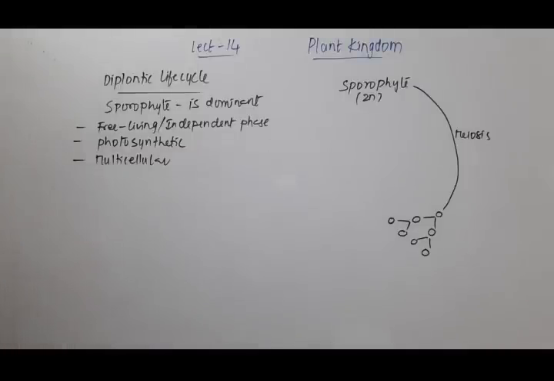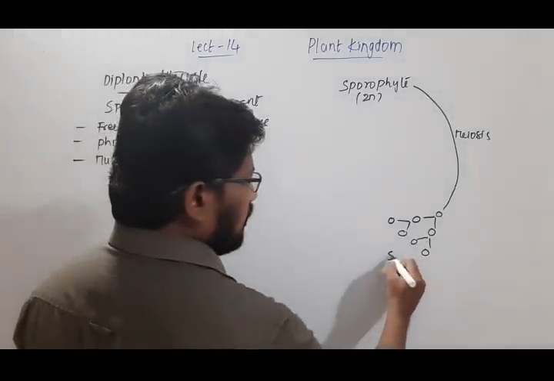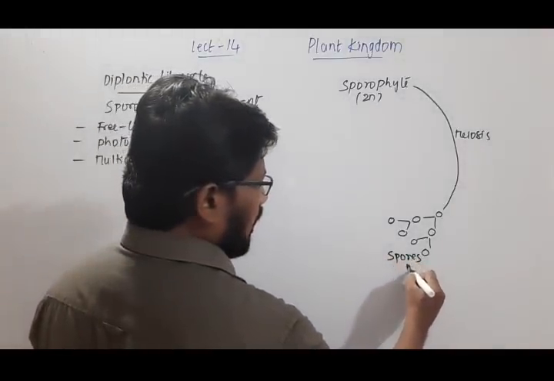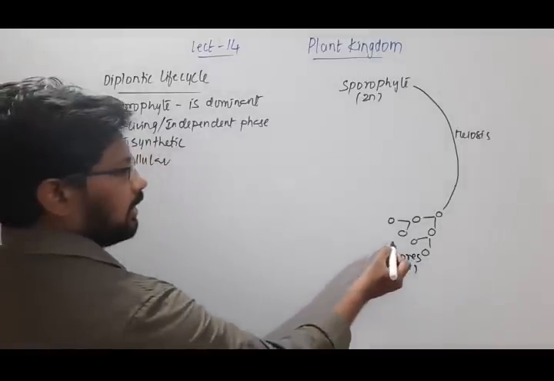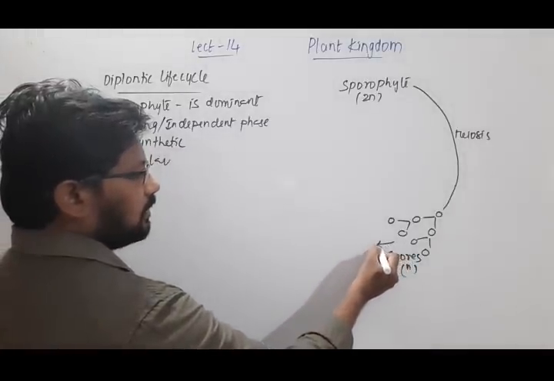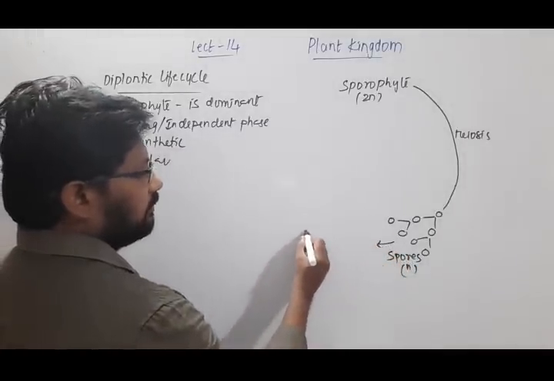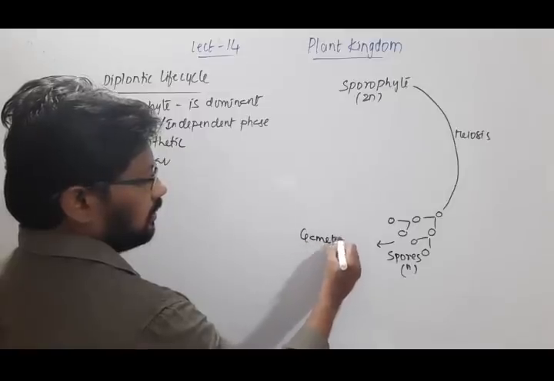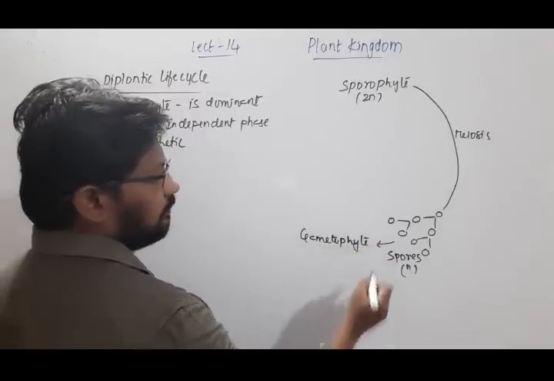So we know sporophyte is spore producing, and these spores are haploid, and on germination they give rise to gametophyte.